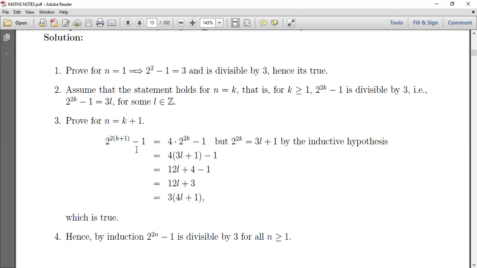Okay, so that I'm able to substitute my assumption somewhere here. So what do we have here? This is equal to, if I simplify these powers, 2 to the power 2k plus 1. I want to separate these powers.